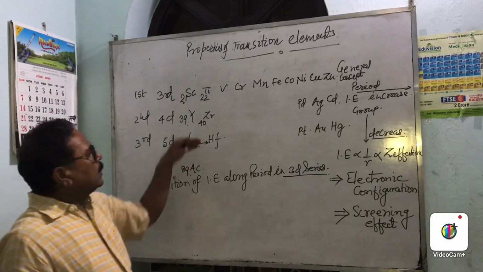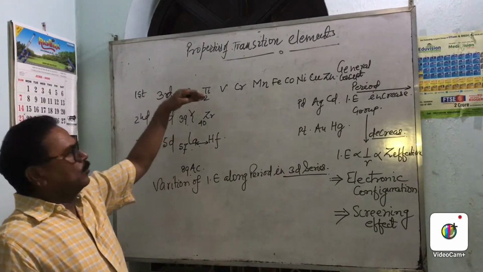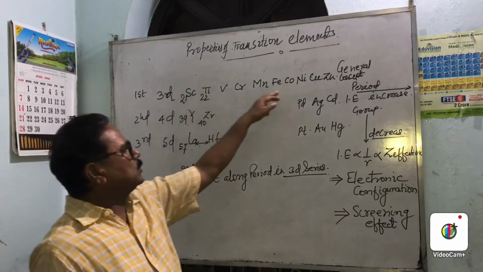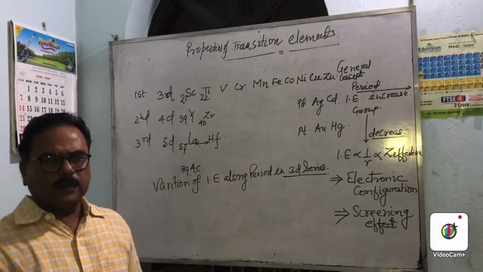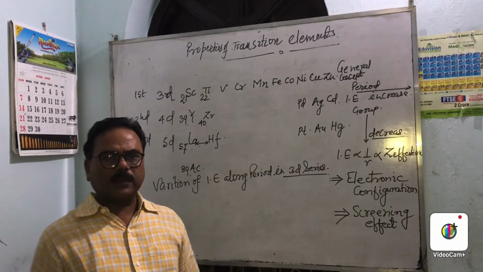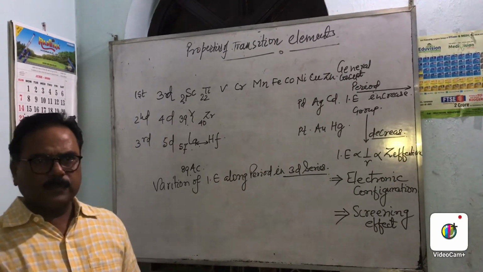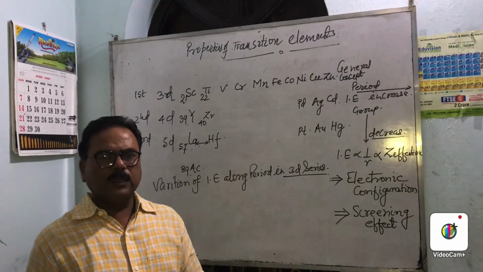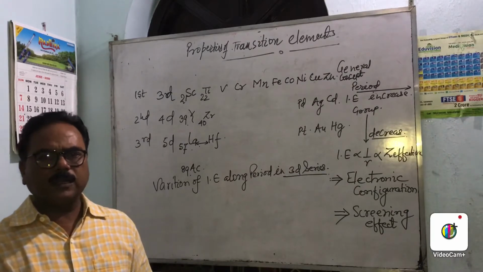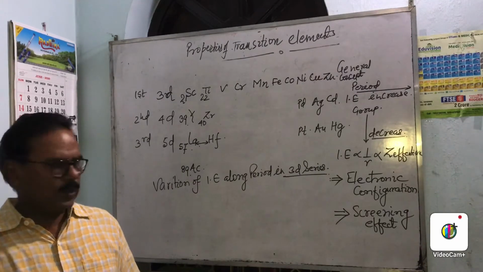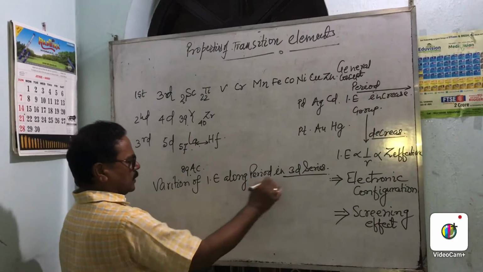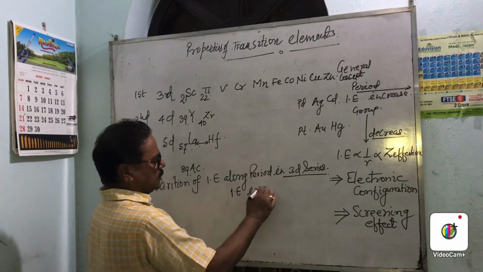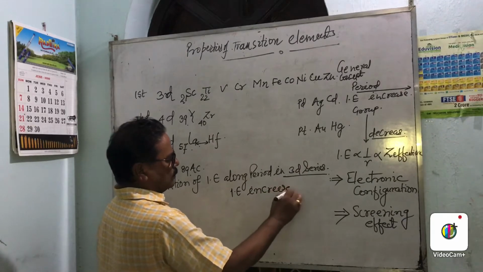When we move in the 3d series, from scandium to zinc, the radius decreases slowly due to the screening effect. That's why ionization energy increases slowly from left to right in the period.